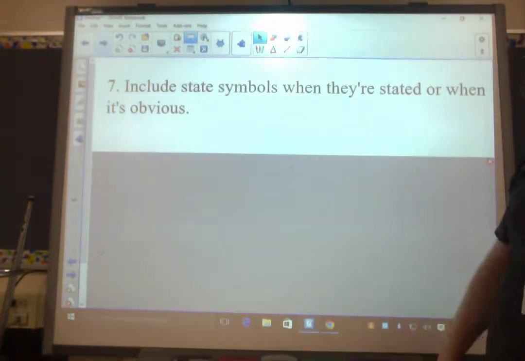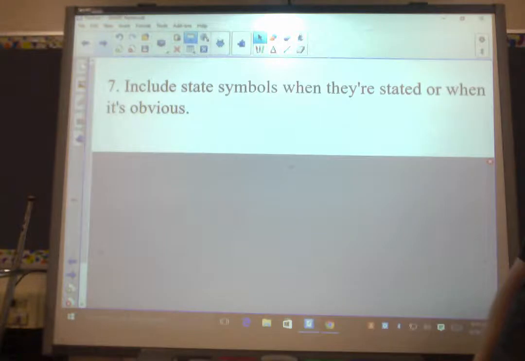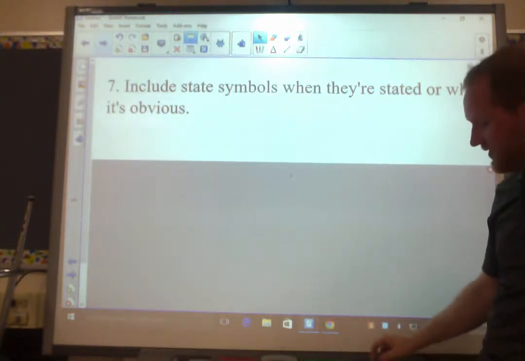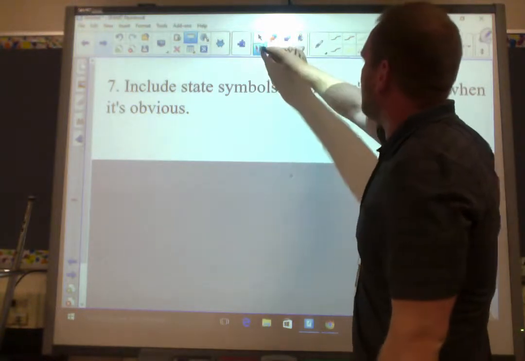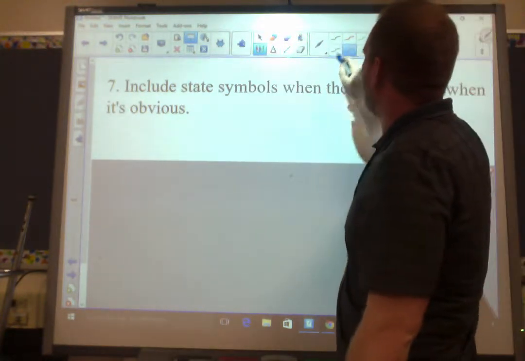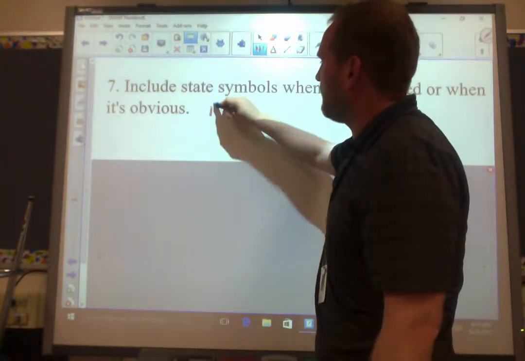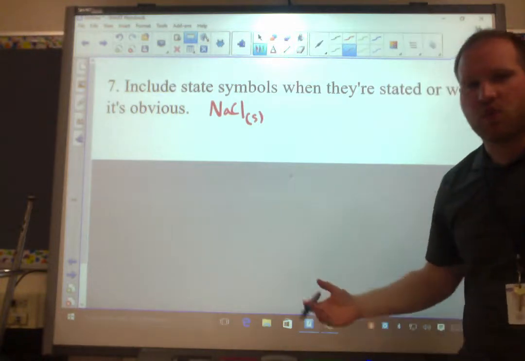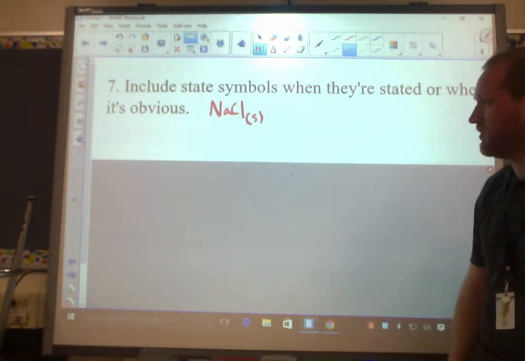Step 7 includes state symbols when they're stated or when it's obvious. By stated, I mean if I tell you aqueous sodium chloride, you're going to write NaCl aqueous. So let's make sure we're clear on what the state symbols are. There are 4 of them. If something is a solid, like NaCl solid, that's going to look like this. This is what the salt in your salt shaker at home looks like.